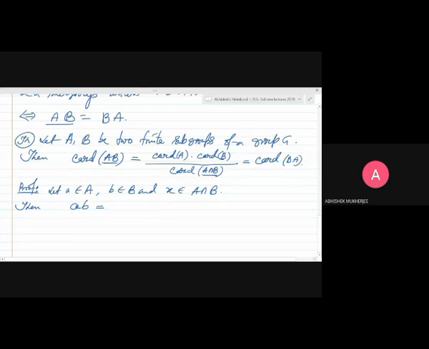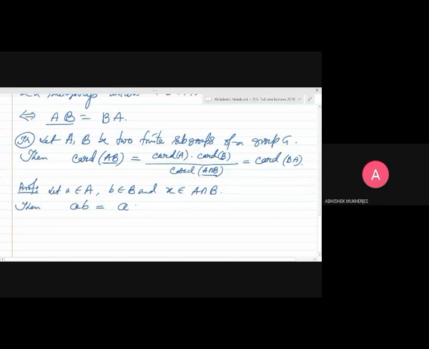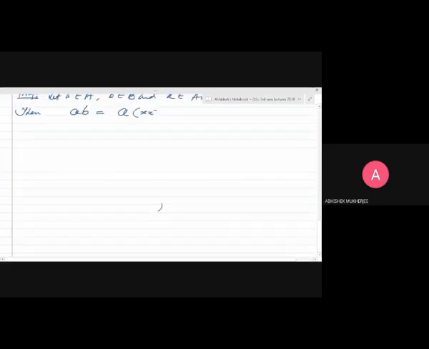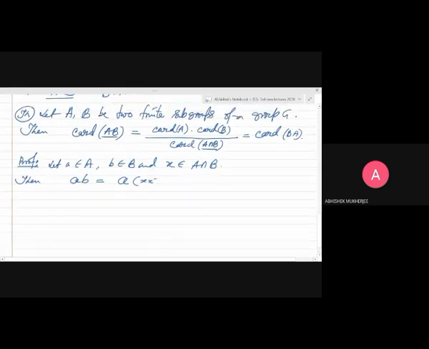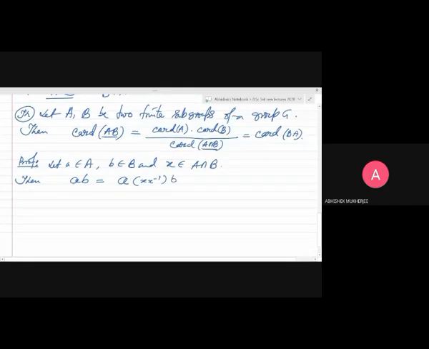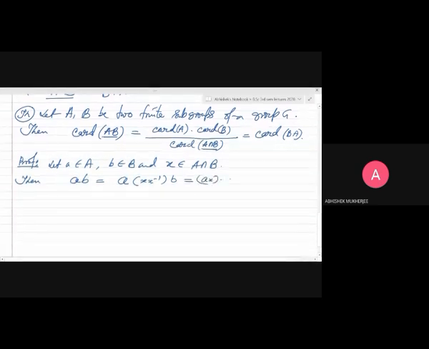Then you can represent ab as a x inverse x b. Since x x inverse is identity, you can take this element in this product. Then by associativity, it is a x and it is x inverse b.